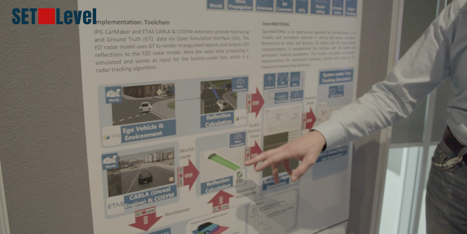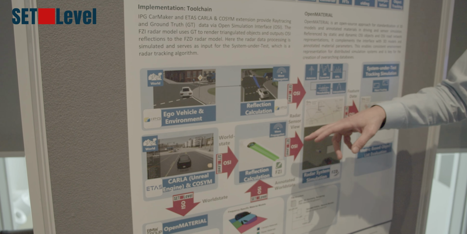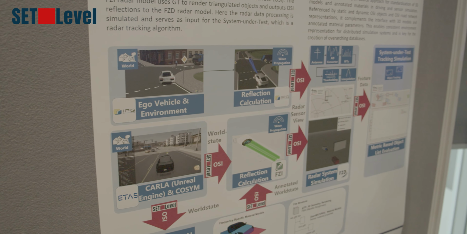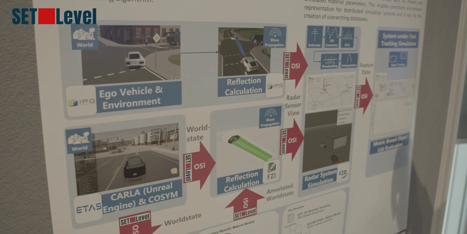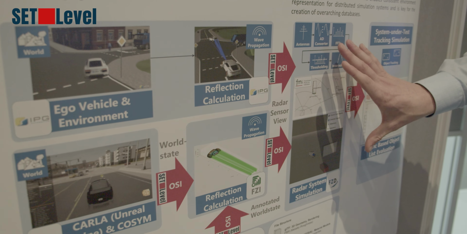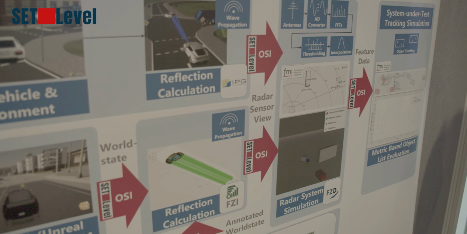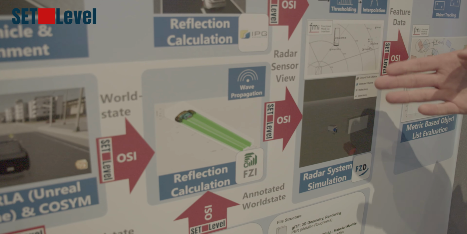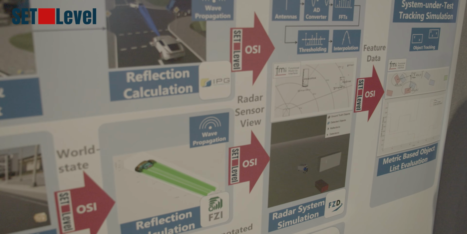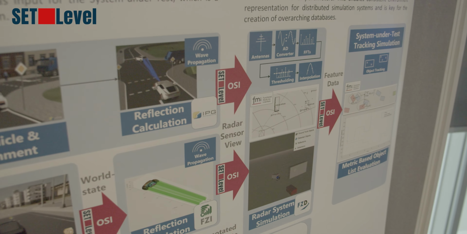But in the end, it also delivers an OSI message with radar reflections containing the azimuth, the elevation, the time of flight, and the electric field strength. So for the radar model, it doesn't matter if the information is provided by IPG or by the external reflection calculation model. And for information about the radar model in detail, I hand over to my colleague.